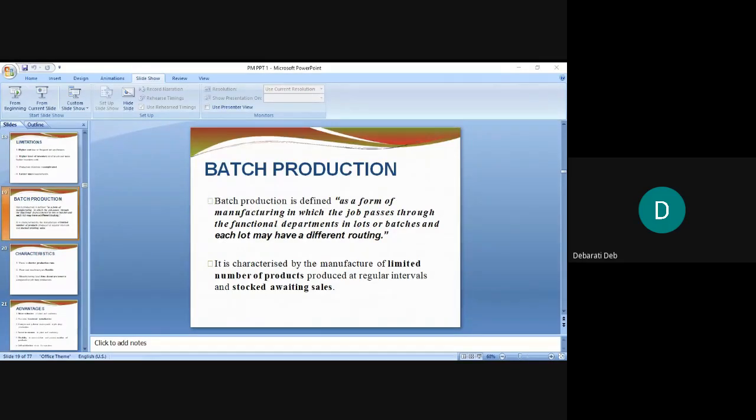I have added you in Moodle in my last year's production management course. In there you will find notes from chapters 3, 4 and 5. Chapters 1, 2 and half of 3 I already taught during the offline mode, because last year till March we had offline classes, so those notes are not there in Moodle.